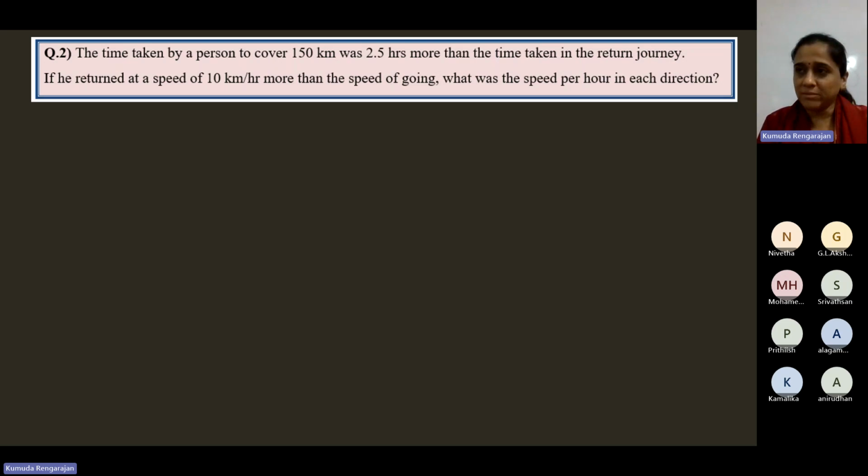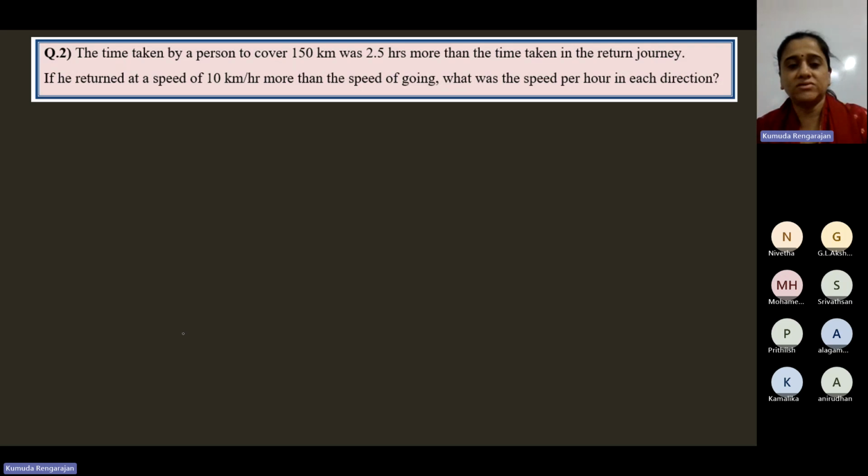While returning, he increases his speed, because while going, he takes 2.5 hours more. The time taken to go is 2.5 hours more than the time taken to return.